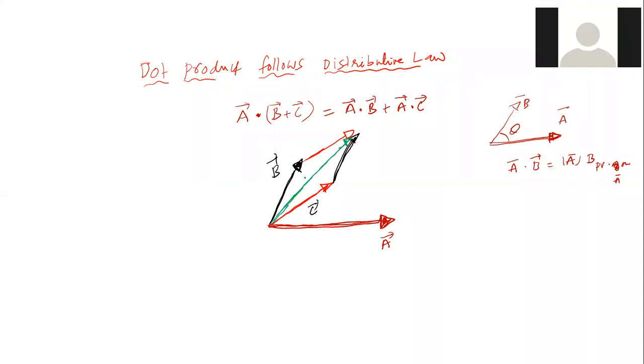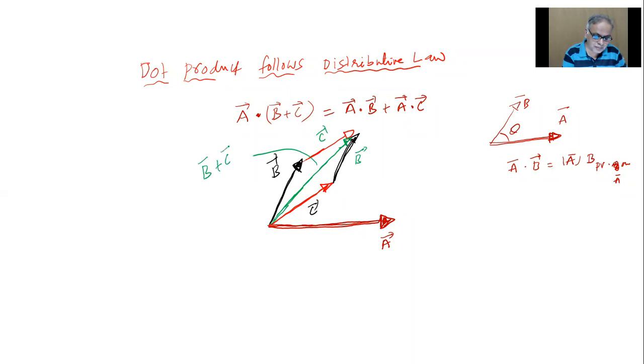This is my B, this is my C. This is also C, this is also B. Now what do we want? This is my B plus C, the diagonal.